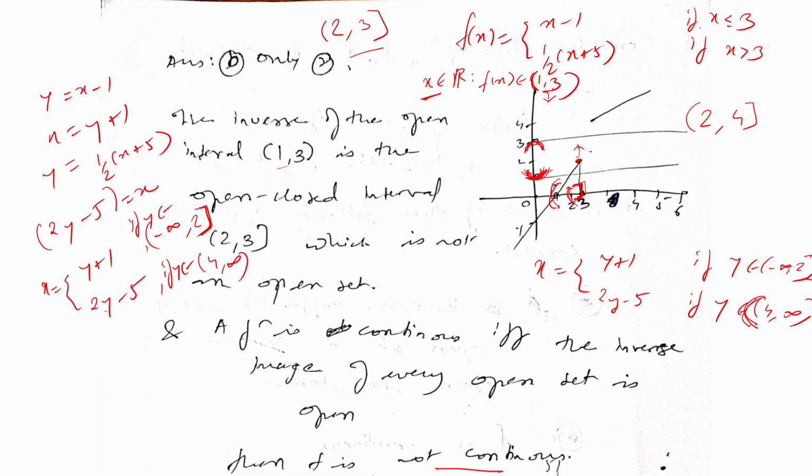So you just need to collect all those x belonging to R such that the image of that x is in the open interval 1 to 3. So you will get open 2 to closed 3, right? So the statement is correct. I hope it is clear now.